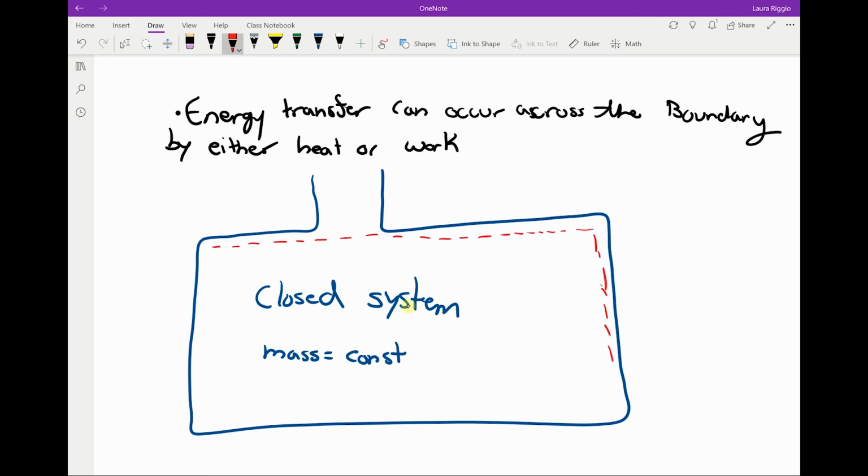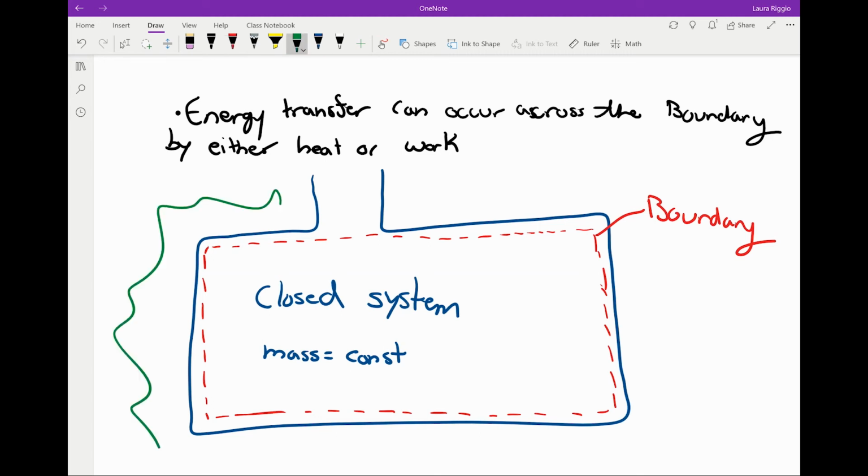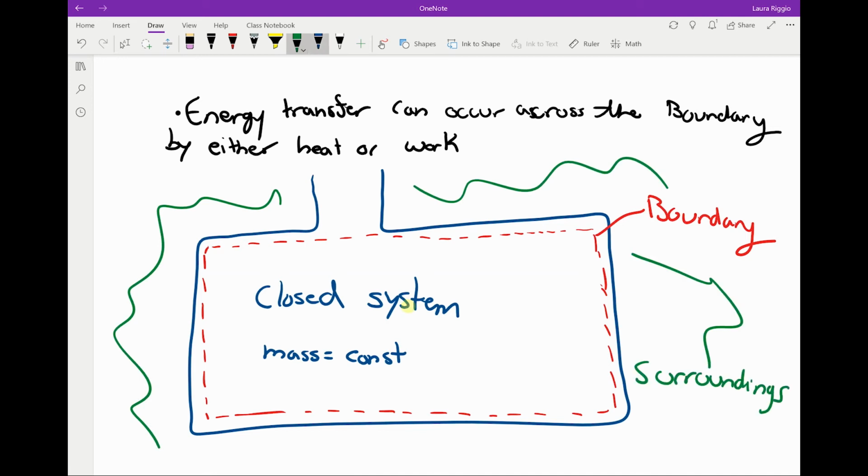And here's my boundary this time. And again, everything out here are my surroundings.